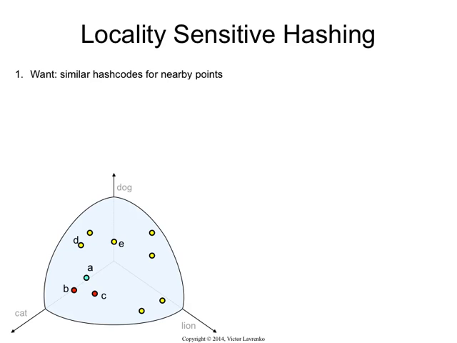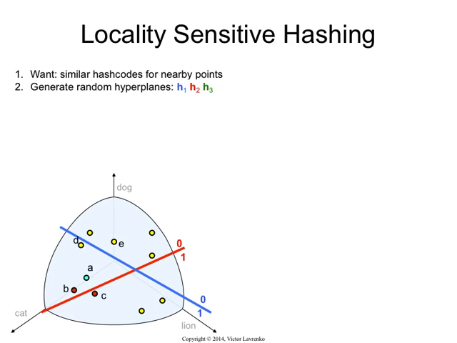So the way that LSH operates is you take the space and you start cutting it with hyperplanes. You take random hyperplanes and run them through your space. For simplicity, you can assume that they all go through the origin. So imagine this is an octant of a sphere.